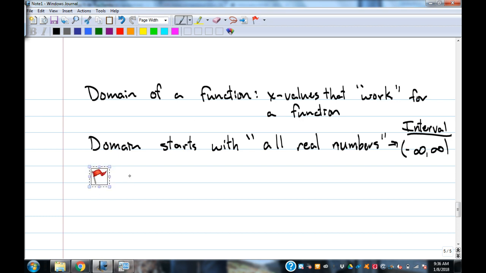The first one is x's in the denominator. If there are x's in the denominator, what's the only number that we can never divide by? It's not a defined operation if we have 0 in the bottom.